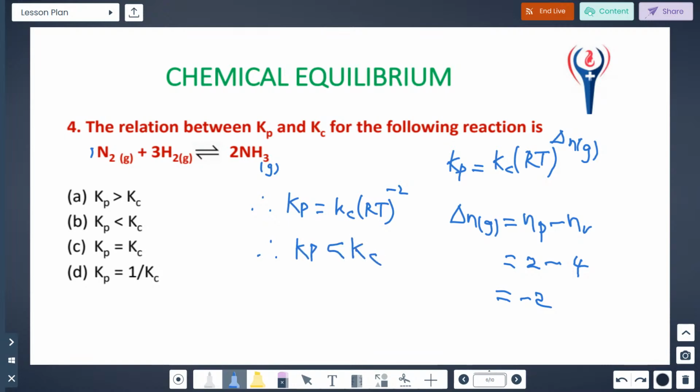If delta ng is positive, Kp is always greater than Kc. If delta ng is 0, anything power 0 gives 1. So Kp is equal to Kc.